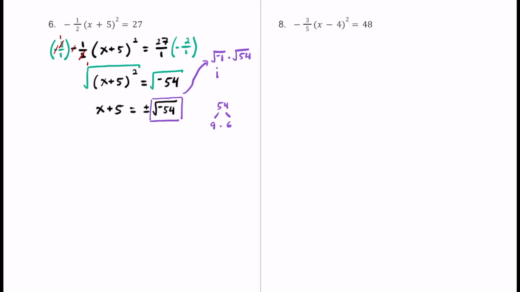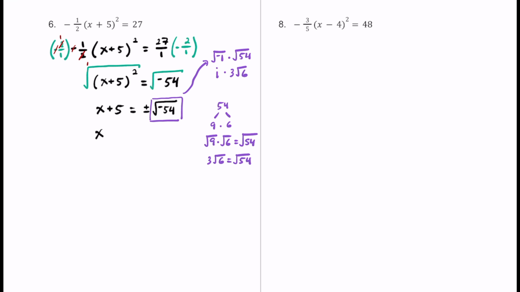So at this point we can say that the square root of 9 times the square root of 6 does equal the square root of 54, right? The square root of 9 is 3, so we know 3 root 6 is equal to the square root of 54. So we know this is i times 3 root 6. Okay, so combining those together, i times 3 root 6, that would just be 3i root 6.